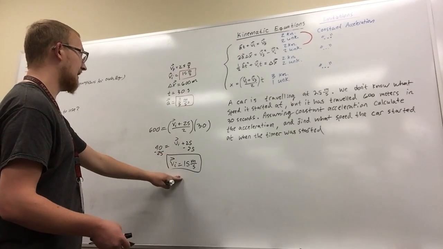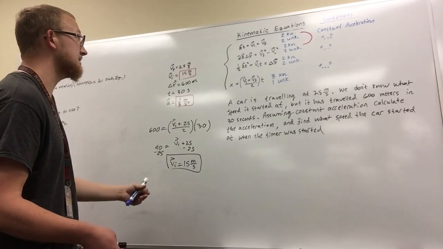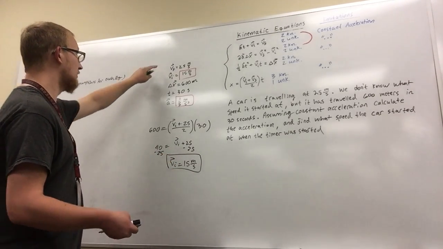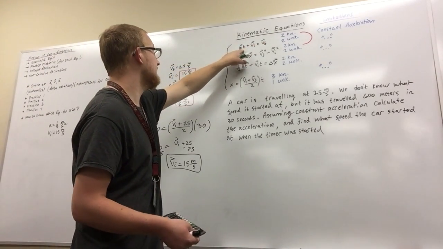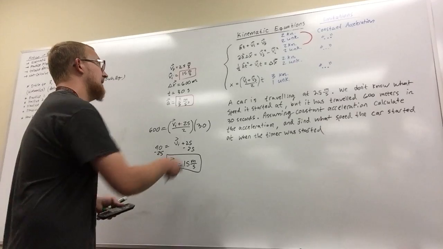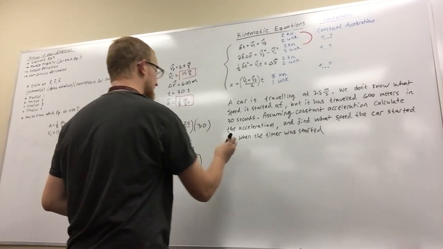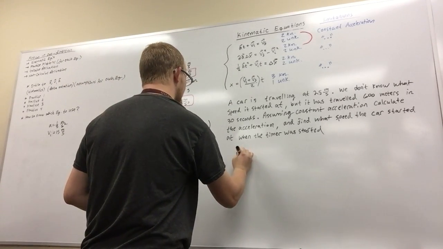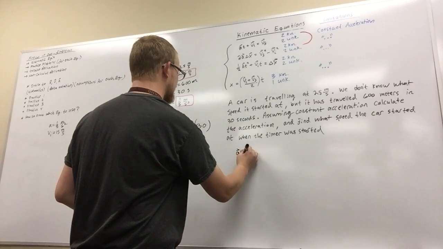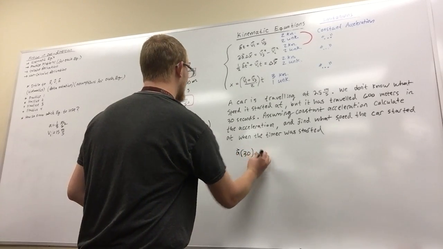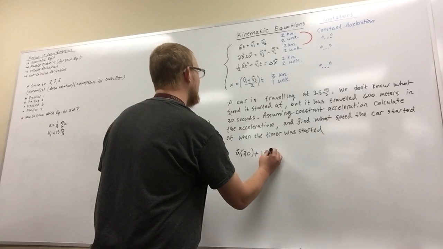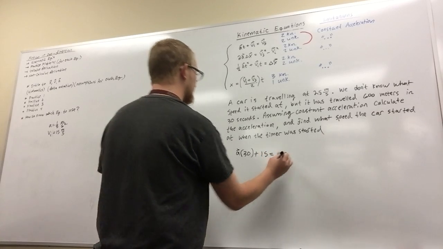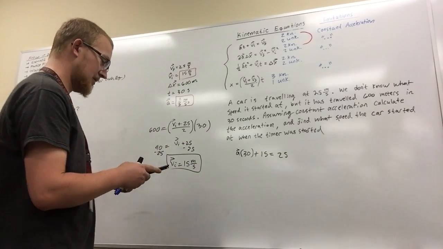So Vi, now that we know Vi, we just need to solve for acceleration. If we know Vi and Vf and t, then acceleration is cake with this equation. So acceleration we don't know, times time was given as 30 seconds, plus Vi we solved for as 15 meters per second, equals Vf, which we know from the problem is 25 meters per second.